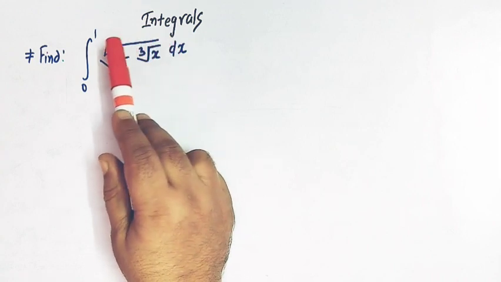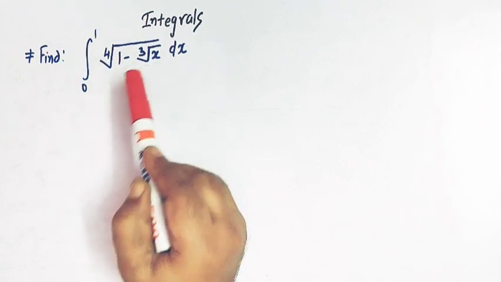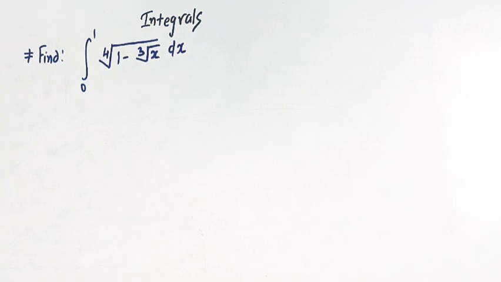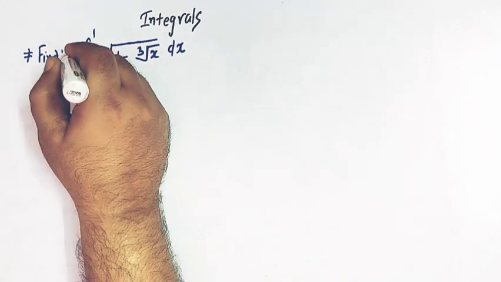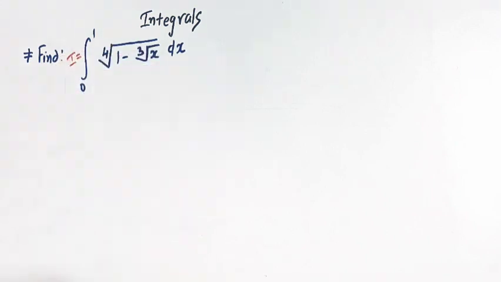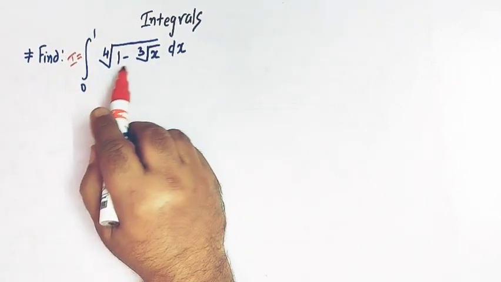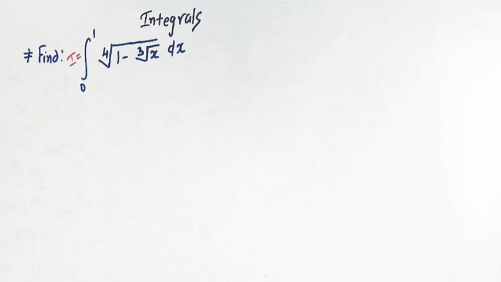We'll solve this integral using the concept of beta gamma function. Let us call this integral I, and first we'll make use of the method of substitution.